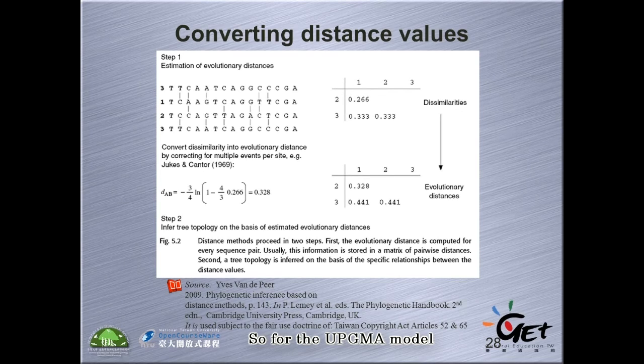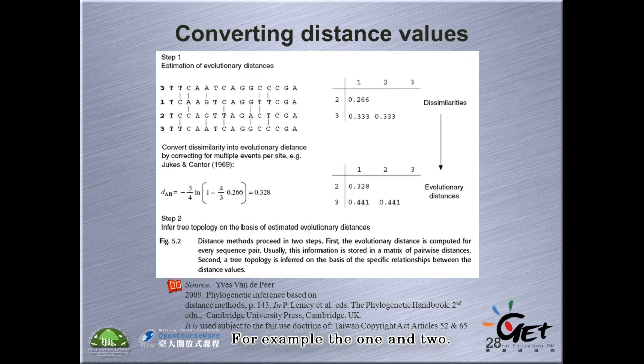So for the UPGMA model I just mentioned on the previous slides, I just used a very simple estimation without any corrections from the substitution model. Basically you just transform the distance table into a new table using the new substitution model you choose. In this case, it's the Jukes-Cantor model.